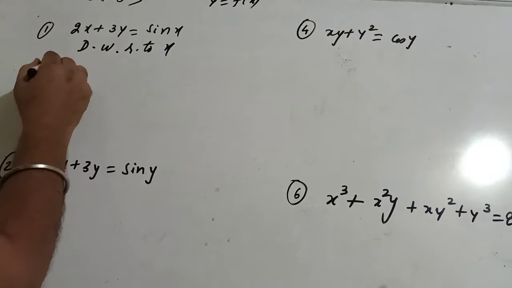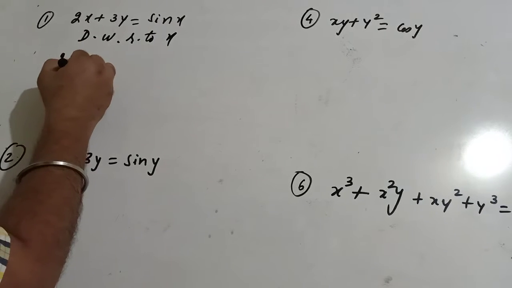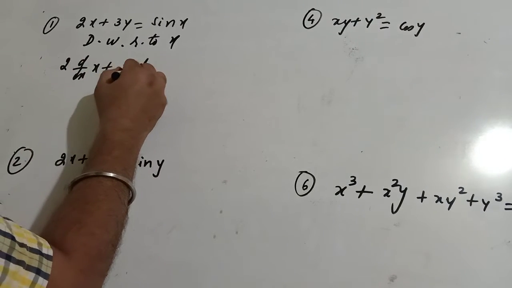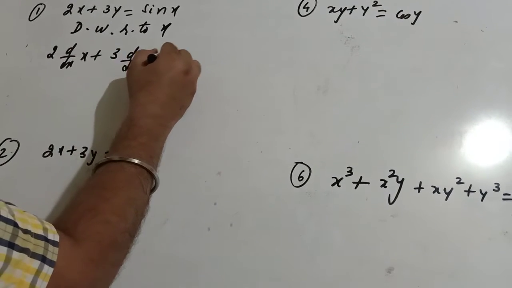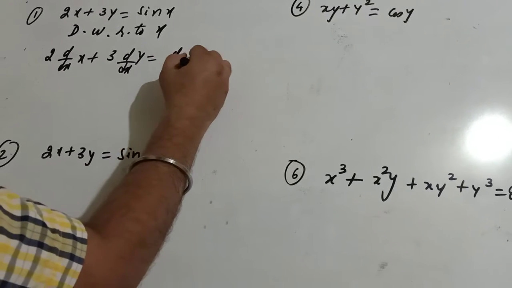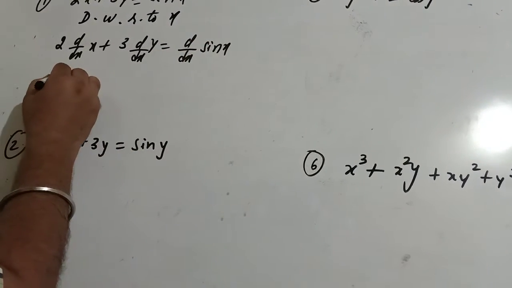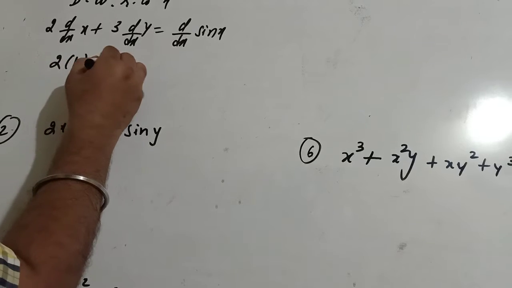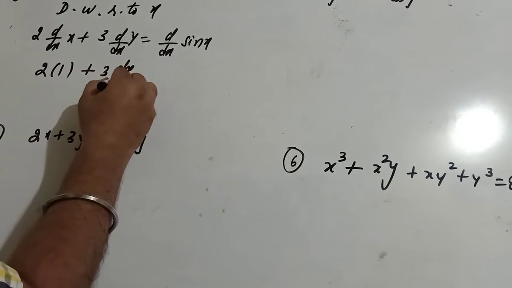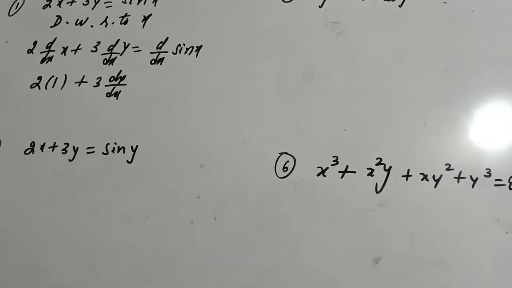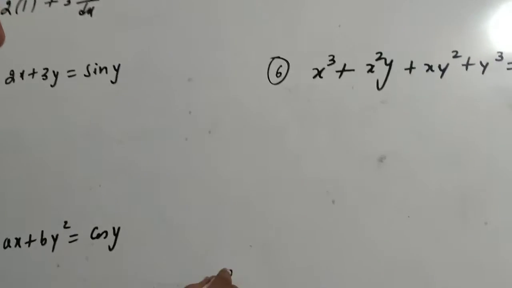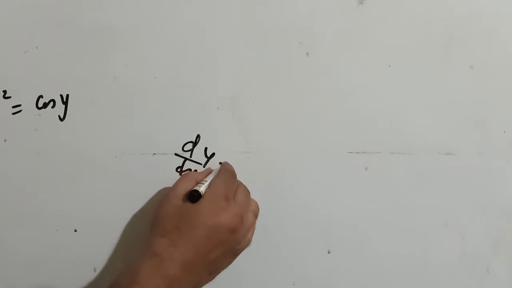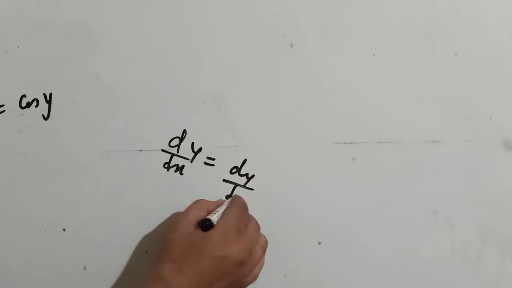Or you can write like this, 2 d by dx x plus 3 d by dx y equal to d by dx sin x. So 2 d by dx x is 1, and differentiation of y, remember that, d by dx y is dy by dx.